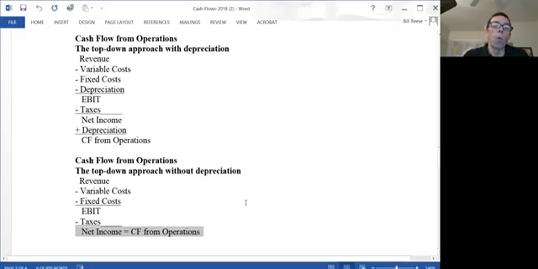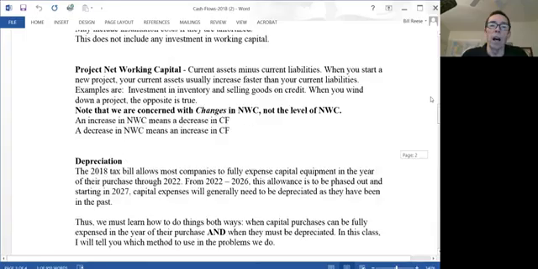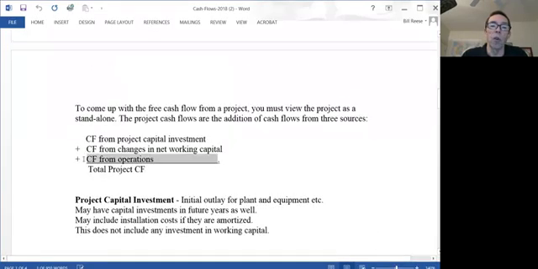So there's an implicit assumption that we have here. Okay, let's take a look at this here. And the implicit assumption is that all of these items have the same level of risk. And here's the reason why that is in there. This cash flow from operations is what ends up going up here, which gets added to these.